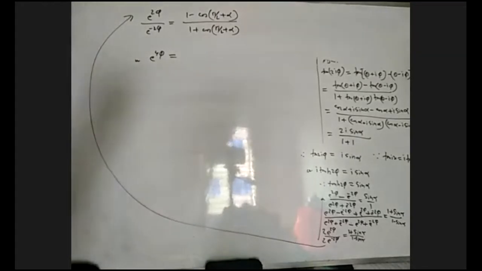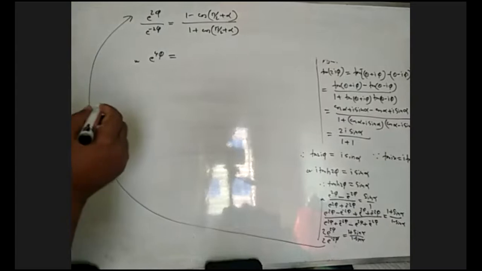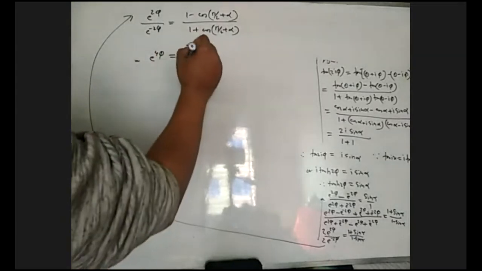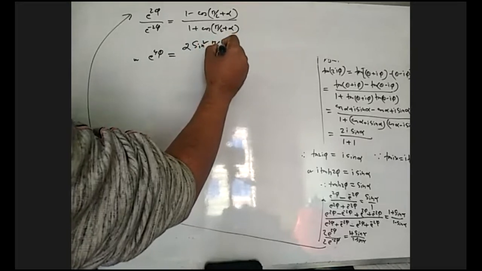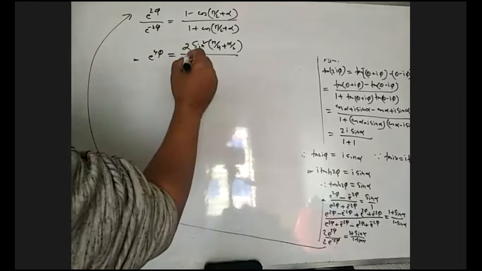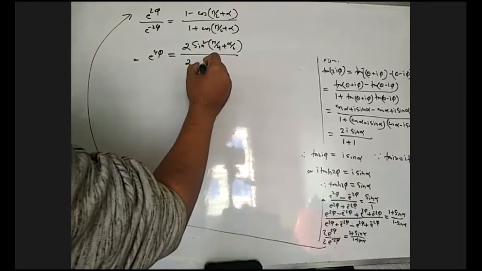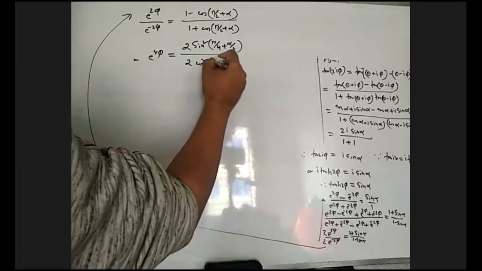1 minus cos 2A, what will be the formula? 2 sin square A, which means 2 sin square of (π/4 plus α/2). Similarly, 1 plus cos 2A formula is 2 cos square of (π/4 plus α/2).